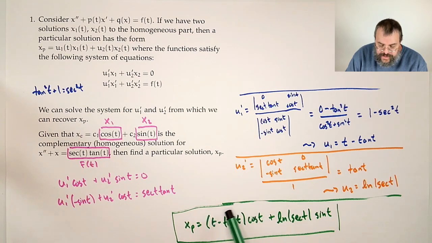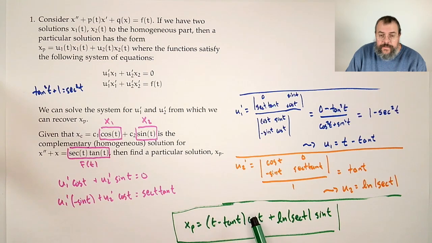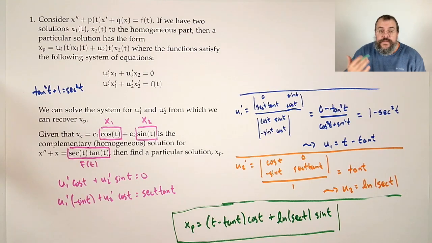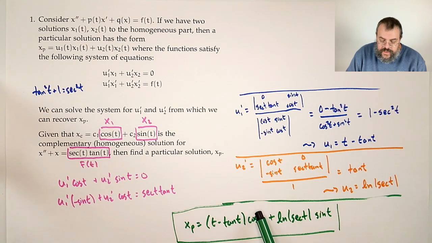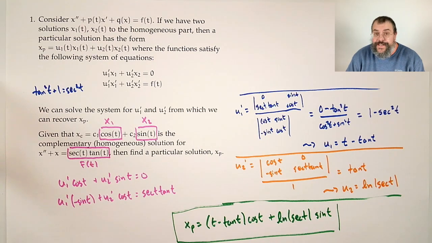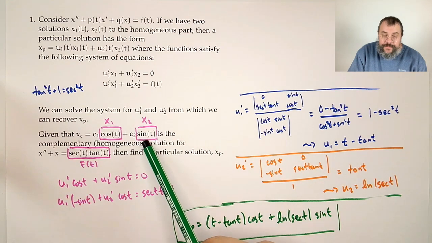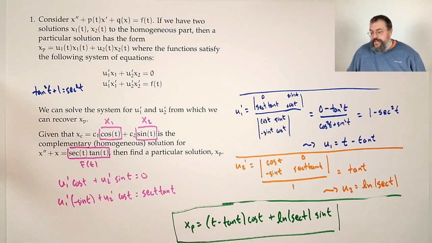If you multiply this through, you get t times cosine t. All right, that's no surprise there. Tangent times cosine. What is that? Well, tangent times cosine, the cosines cancel because tangent is sine over cosine, you get sine. Where else does sine show up? It's part of our homogeneous solution. So this is correct.